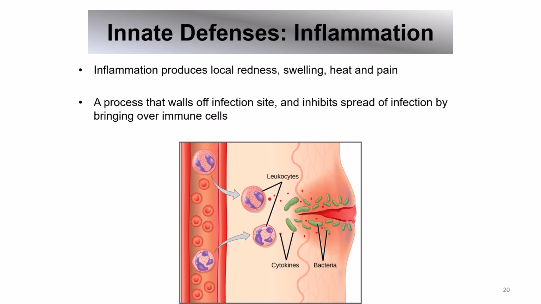Another innate defense that's very important to us is inflammation. And with inflammation, this causes white blood cells to come out of the blood vessels. So we could just put it here: white blood cells exit blood vessels to go to infection sites.